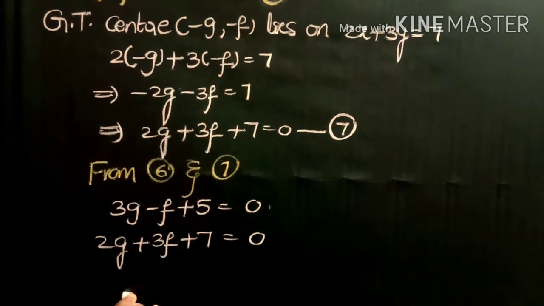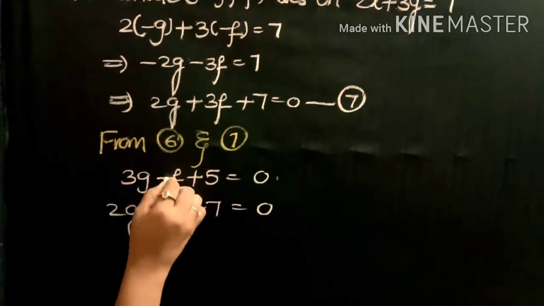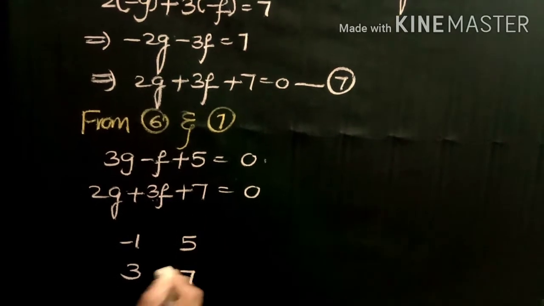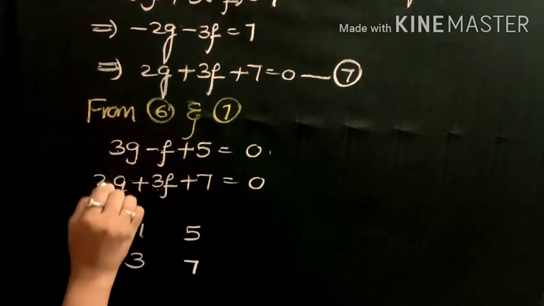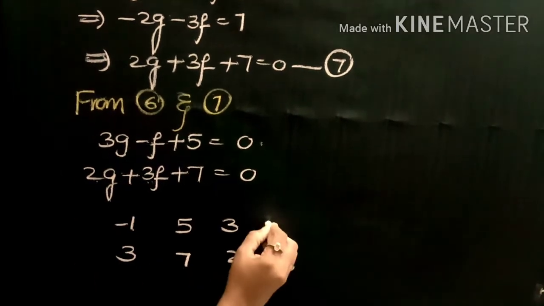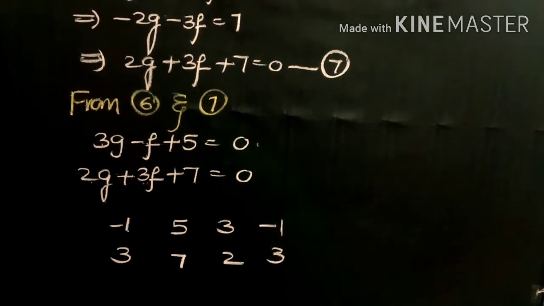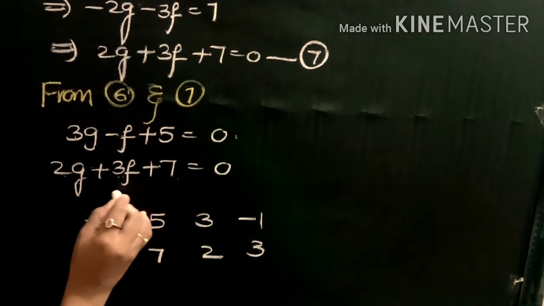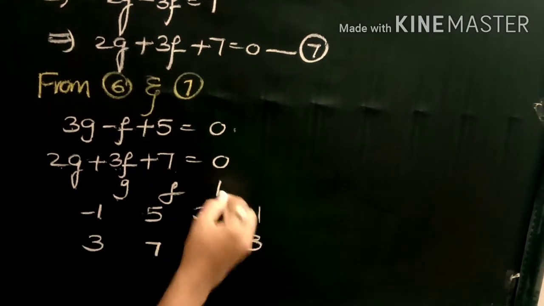The middle term coefficients are minus 1, 3. Next we take the constants 5, 7. Next the first term coefficients 3, 2. Again we write the middle values minus 1, 3. Here we take the letters g, f, 1.